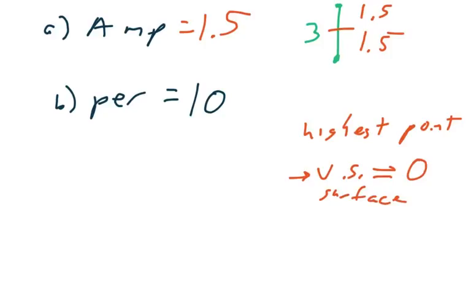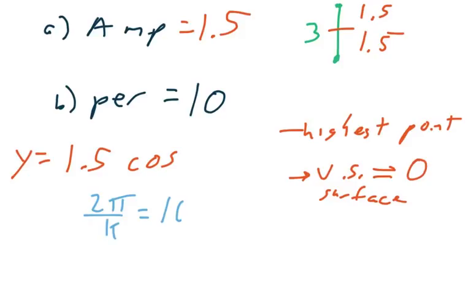So going back to letter C, we're going to say y equals 1.5 cosine, because we're starting at the highest point, and the 1.5 is positive because we're at the highest point, not the lowest point. And then we have to do 2 pi divided by k equals 10.